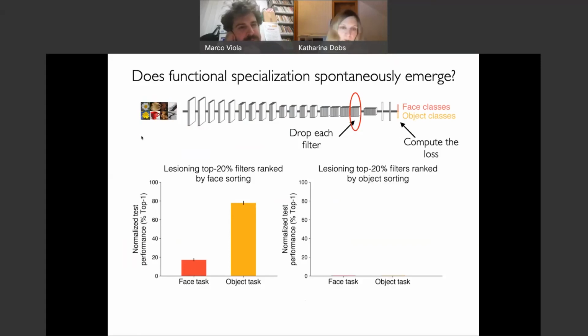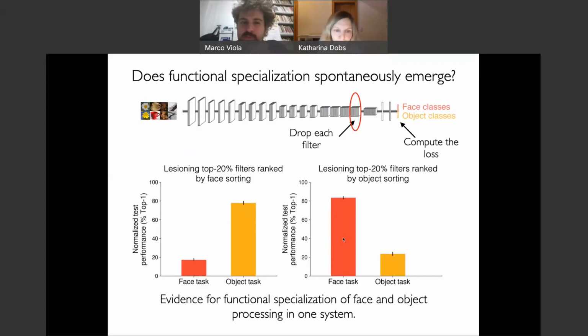And when we lesion the top 20% filters ranked by the object sorting, we get the exact opposite. So again, now we impair the object task, but we don't impair the face task. Not as much, definitely. So there's evidence for functional specialization of face and object processing in one system. So we see that double dissociation, just like we've seen with patients in the human brain, in the system that we trained on faces and objects, although it had no idea about faces and objects.